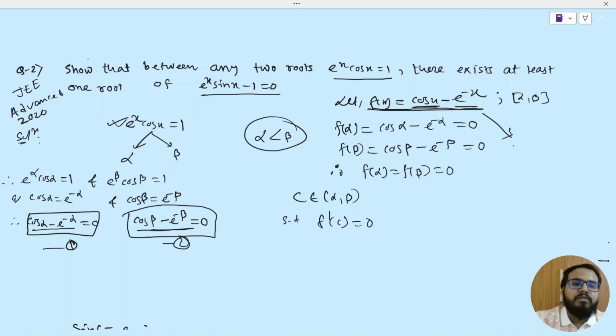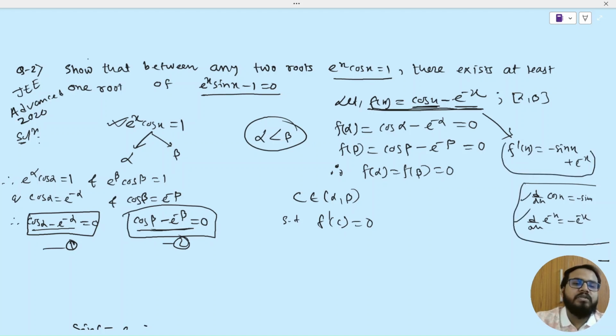This will be f dash x equal to minus sin x plus e to the power minus x. Why is this so? We know that d/dx of cos x equals minus sin x and d/dx of e to the power minus x equals minus e to the power minus x. So using these two things, we can write f dash x equal to this.